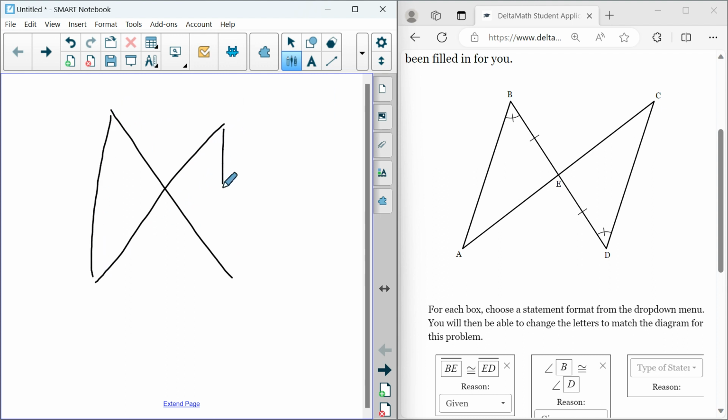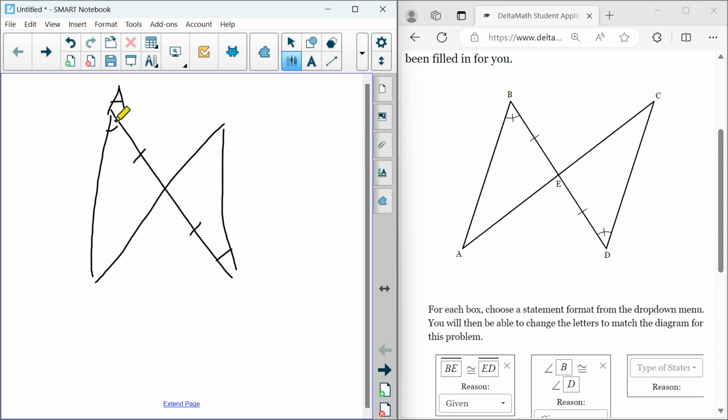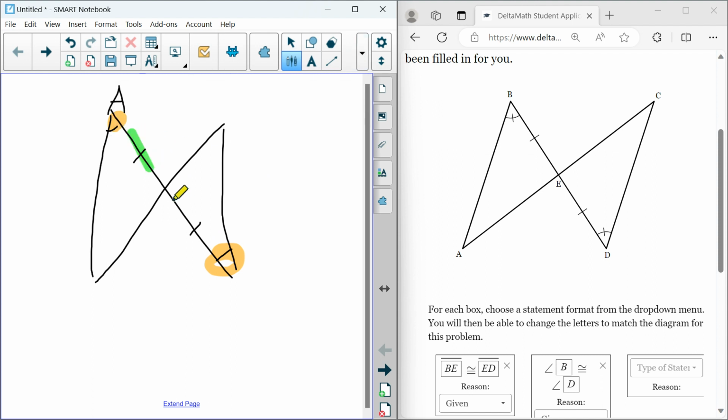This works as our picture. We have an angle matching down here. So we have an angle. We have a side matching a side. And we need something else. To emphasize, we have an angle matches this angle here. We have a side matches a side.